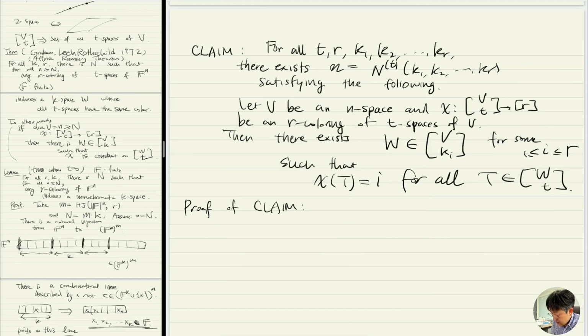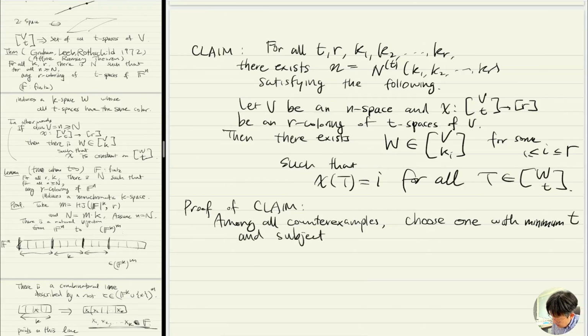Among all counterexamples, choose one with a minimum T, and subject to this, choose one with the sum of Ki minimum.